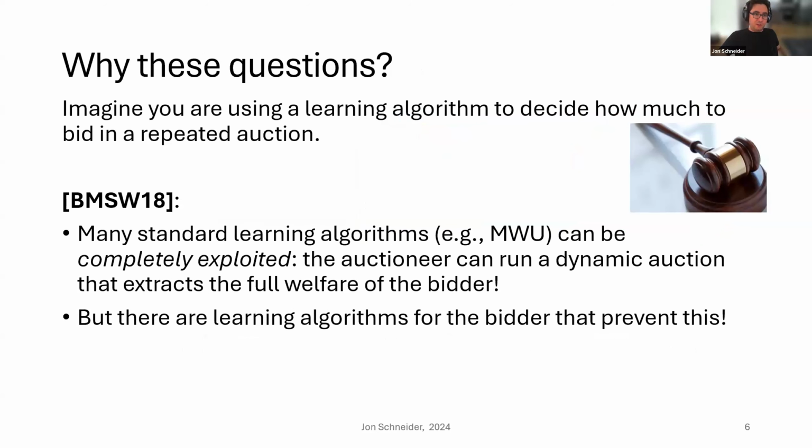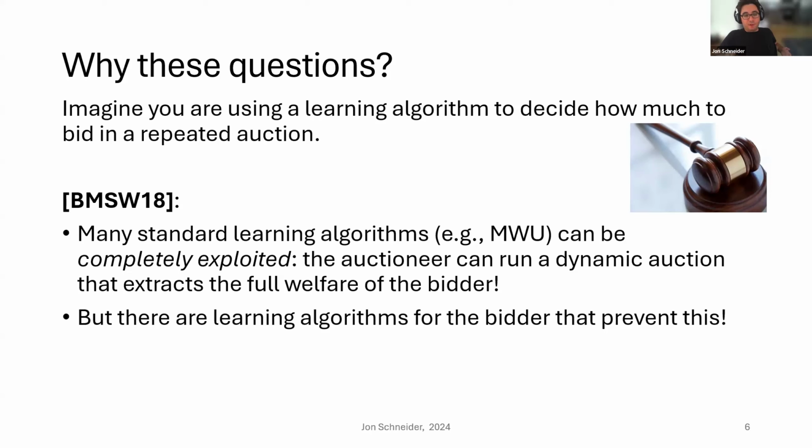Why these questions? At a high level, at least for me, this was motivated by an application to repeated auctions. Imagine you're using a learning algorithm to decide how much to bid in a repeated auction. About five to six years ago, we showed that if you are a bidder submitting bids using a standard online learning algorithm, something like multiplicative weights updates, there are auctioneers that can completely take advantage of this.